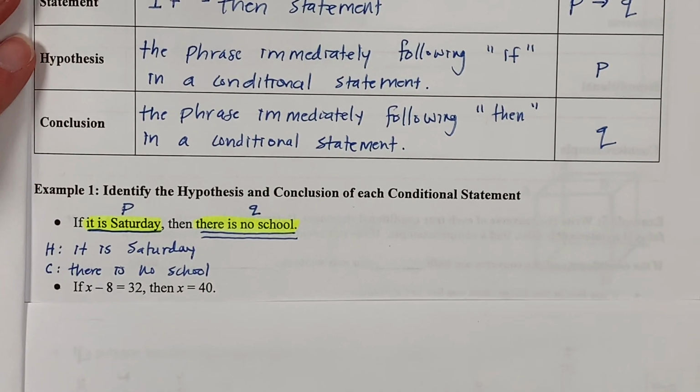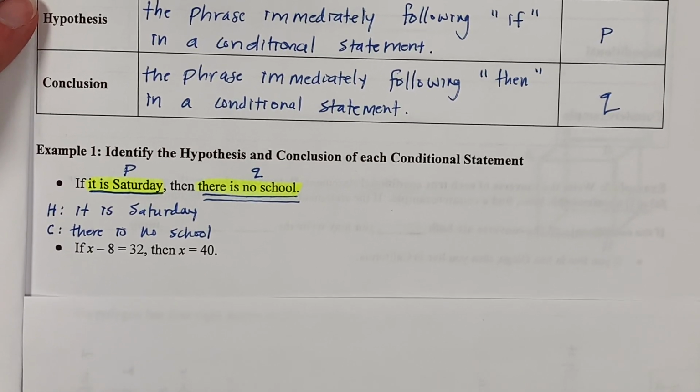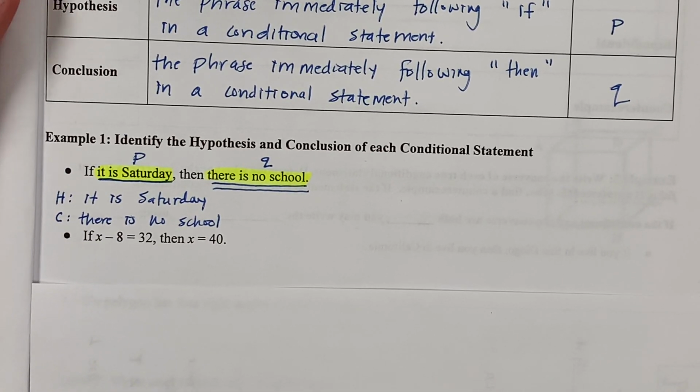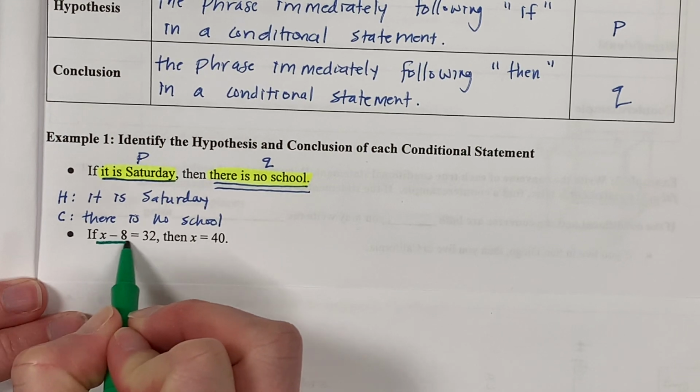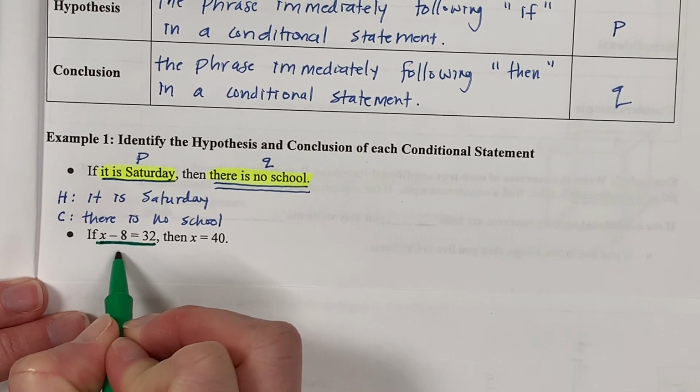Okay. So the next example, if x minus 8 equals 32, then x equals 40. The hypothesis is the phrase immediately following if. So x minus 8 equals 32 is the hypothesis.